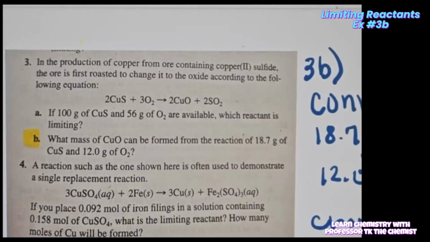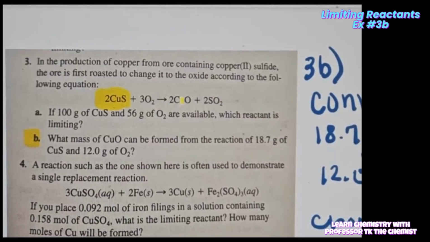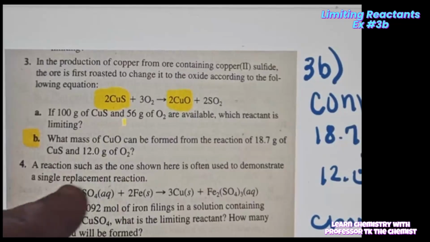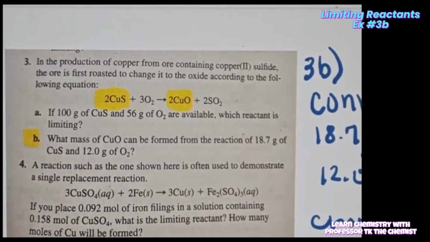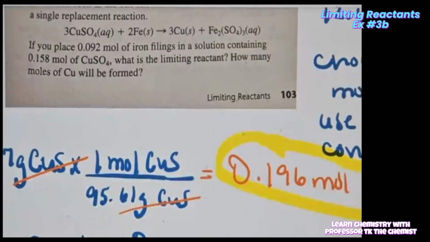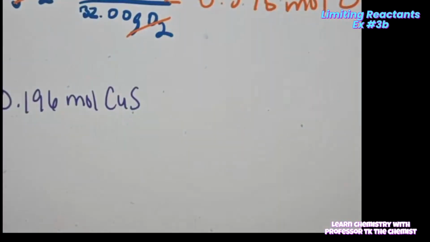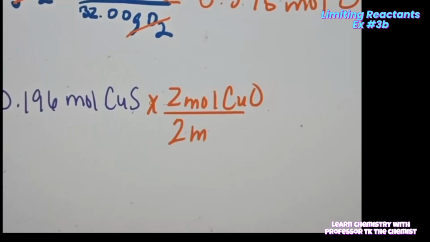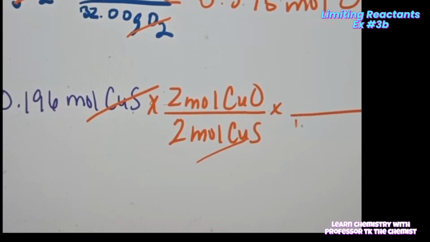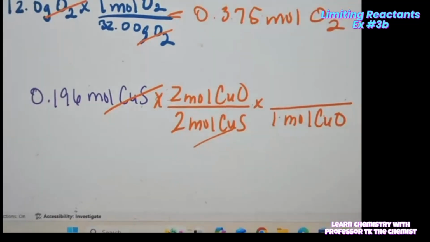Since we're working with copper 2 sulfide, because that's the limiting reactant, and the copper 2 oxide, you see those 2 and 2s? I'm going to write those down here for this next part of the step, okay? So I'm going to use those coefficients, and I have 2 moles of copper 2 oxide, 2 moles of copper 2 sulfide. I then need to convert that copper 2 oxide to grams of copper 2 oxide, okay?